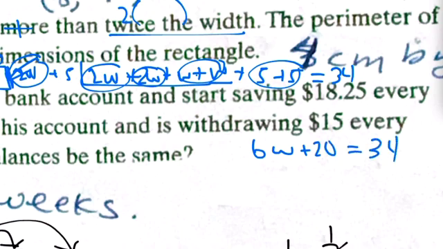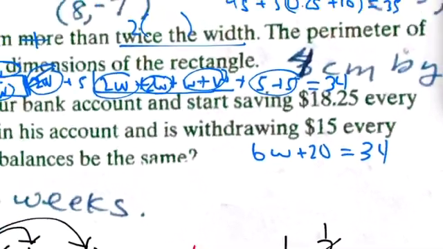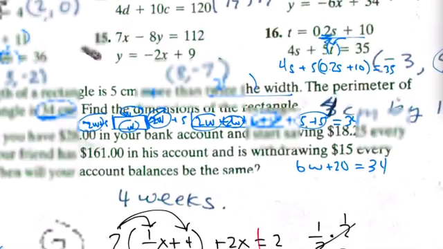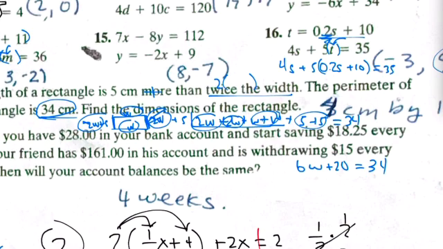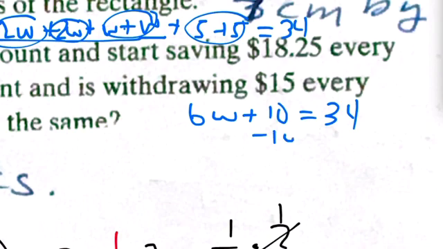Leaves you minus. I did something wrong. 5 plus 5 is 10, that's why. Not 20. And then minus 10, 5 plus 5 right here.